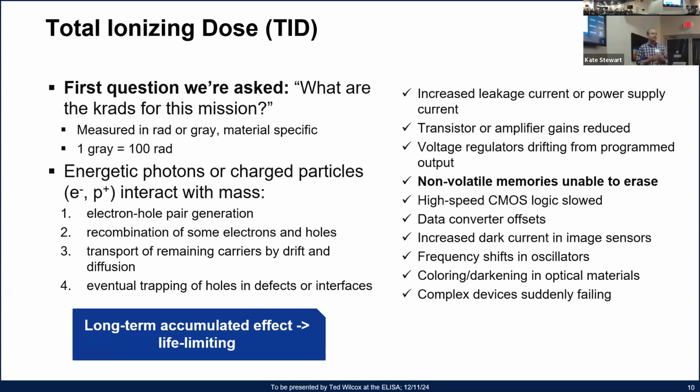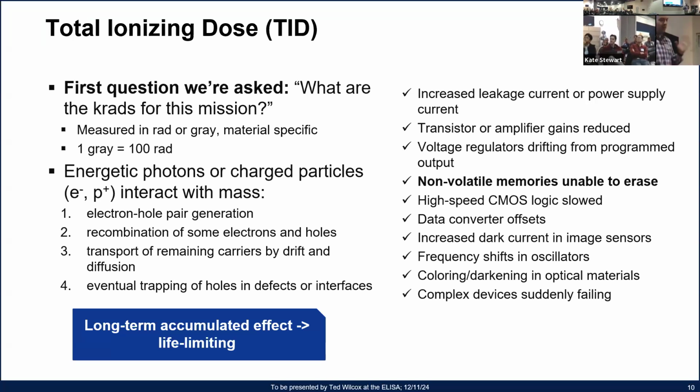Data converters that now have an offset in your readout analog voltage or the digital value. Dark current in our image sensors is potentially a big problem for some of our telescope missions here at Goddard. Oscillators that shift frequency, darkening in optical materials like windows or LEDs, and complex devices that just suddenly fail because of all of the above happening within a black box.